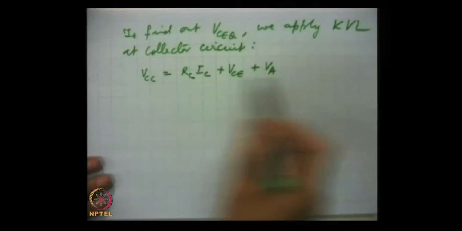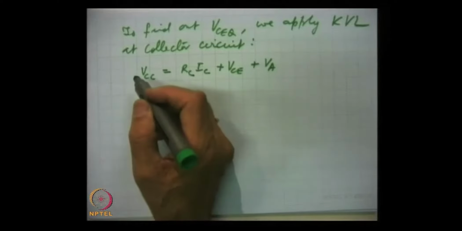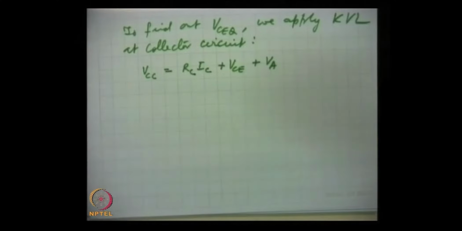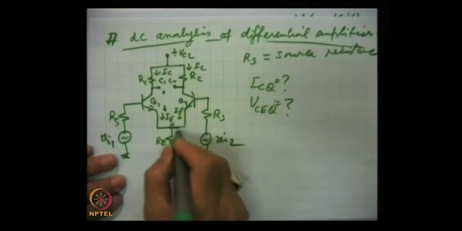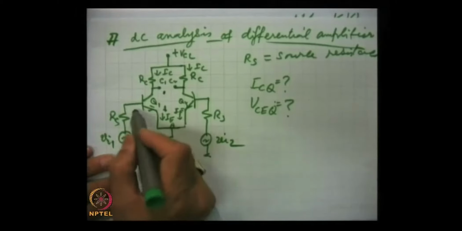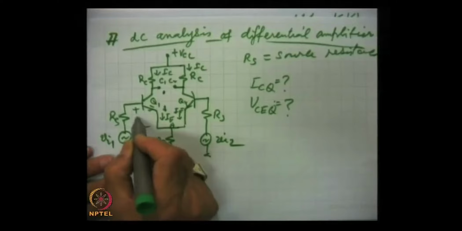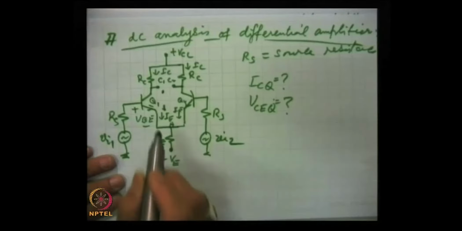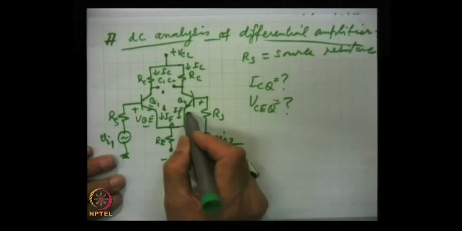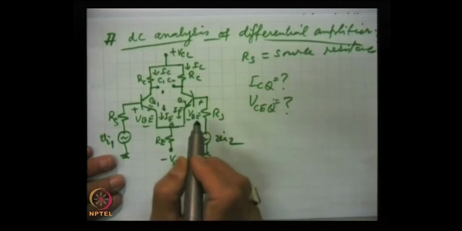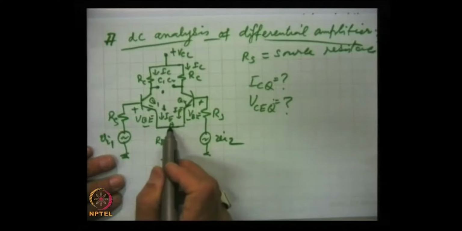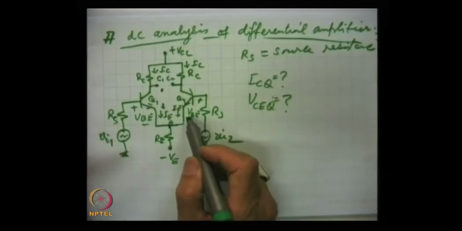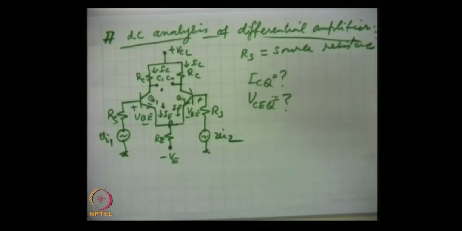What is the voltage at this point A? This is plus minus VBE. This is also plus minus VBE. So, what is the voltage here? These two voltages VBE are in parallel.